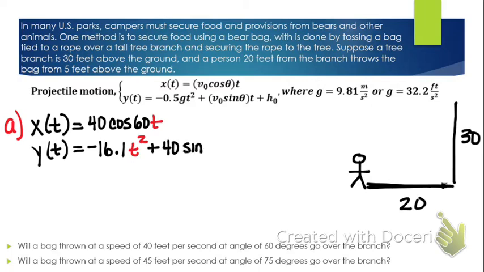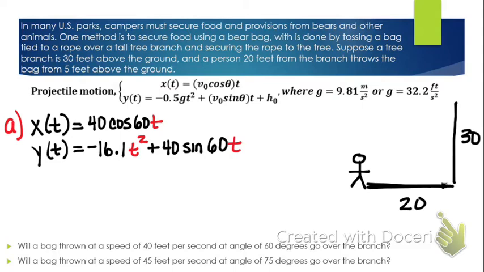Plus 40 sine 60 t. So negative 16.1 t squared plus 40 sine 60 t.